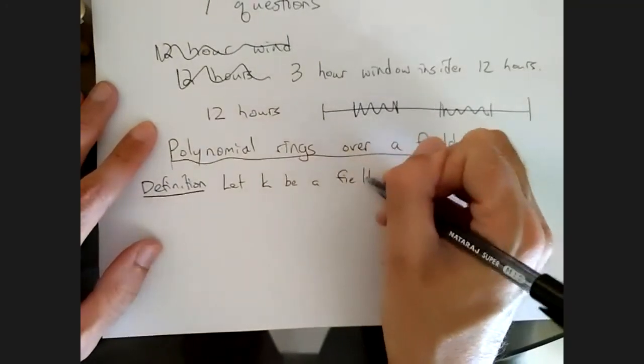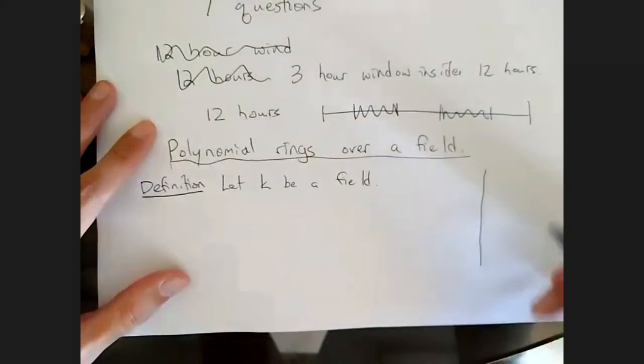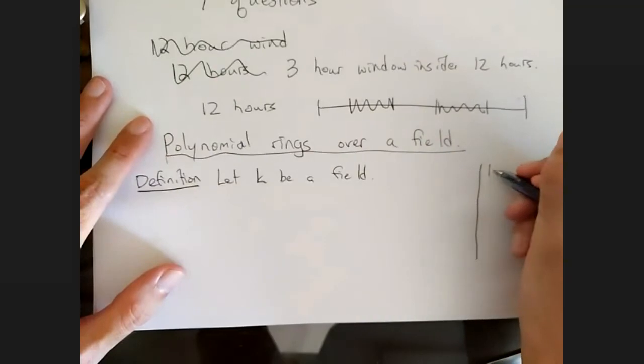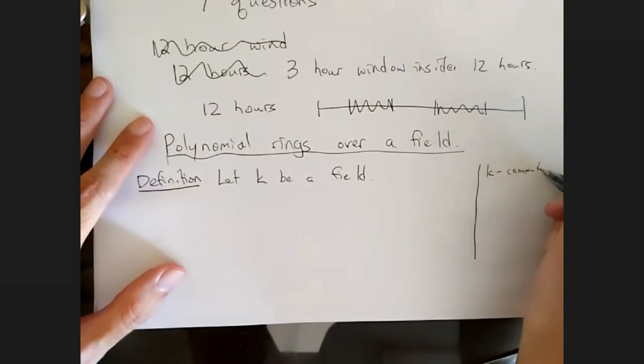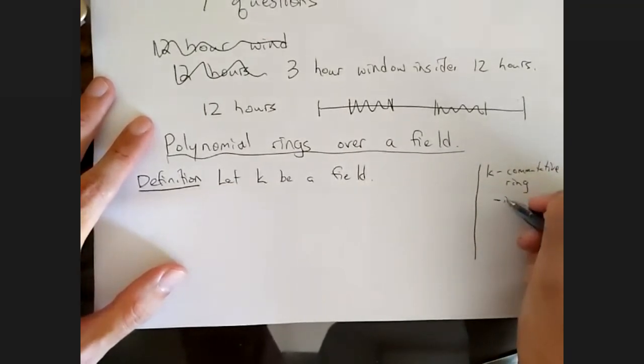Remember what that means. K is a commutative ring. K is an integral domain.